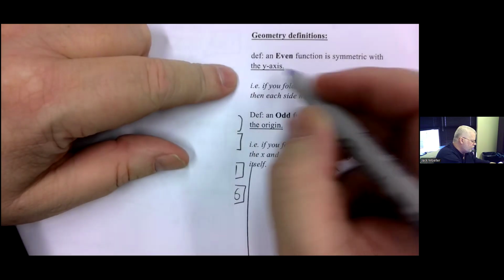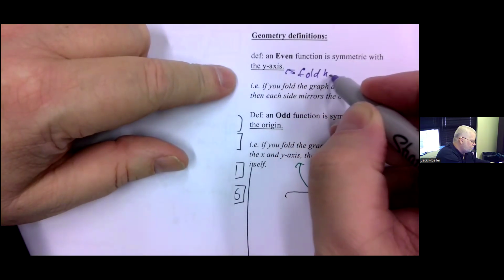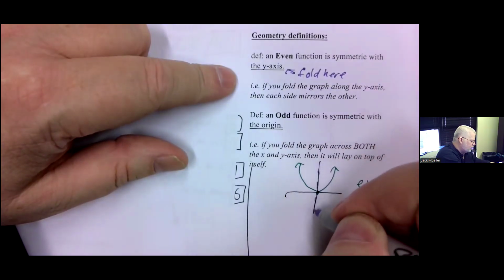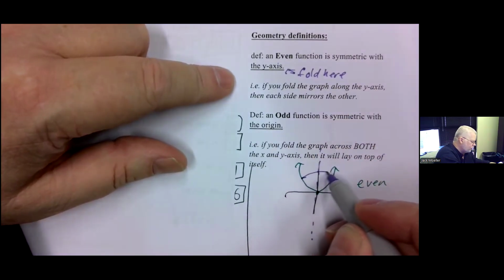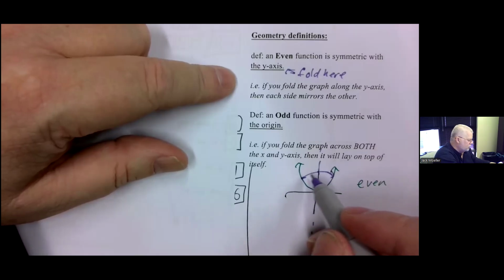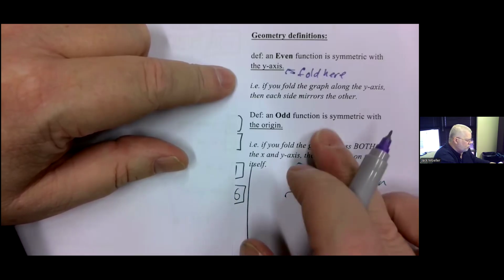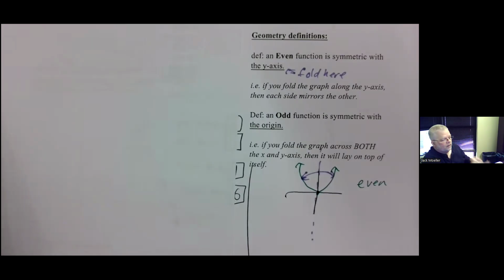That part right there is where you fold it. If you think about this on a piece of paper, if you fold this graph over, it'll lie right on top of itself. If you fold it through the y-axis and it lays on top of itself, that means we have an even function.